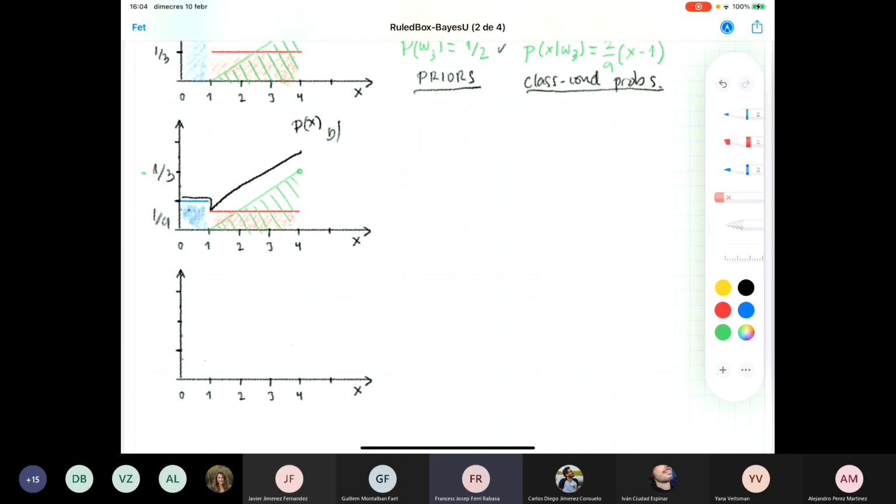Now let's change again the scale, 1 and 0.